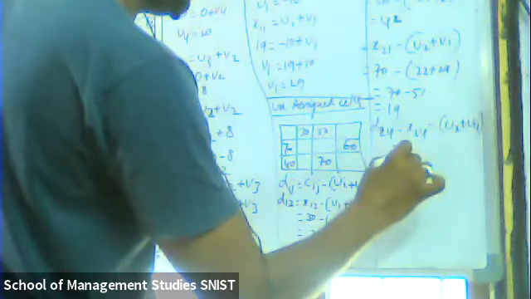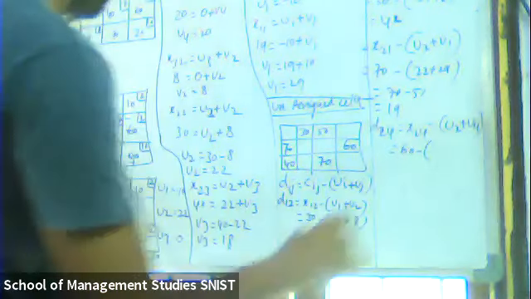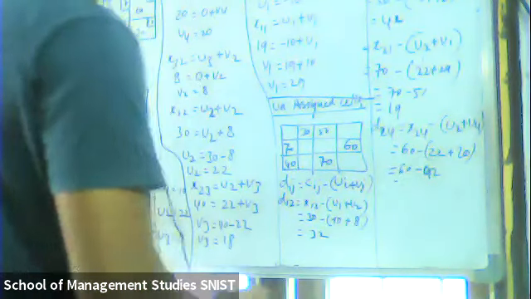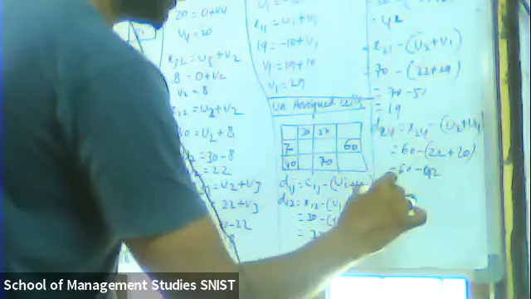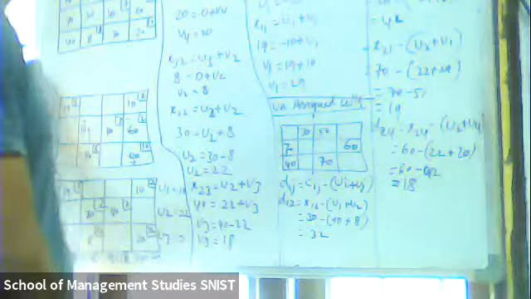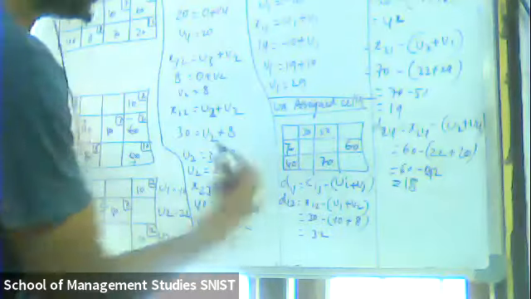So 60 minus u2, how much? 22. 22 plus v4, 20. 60 minus 22, sorry, 42. 60 minus 42, how much? 18, sir. Is it positive or negative? Positive. Yes. Still, we need to find out the remaining two.